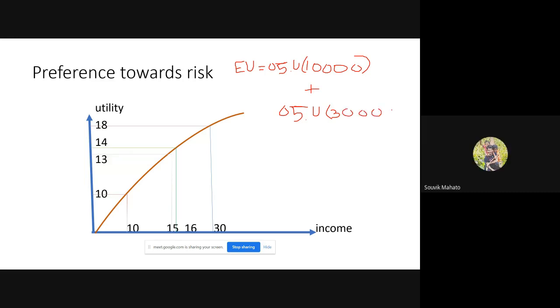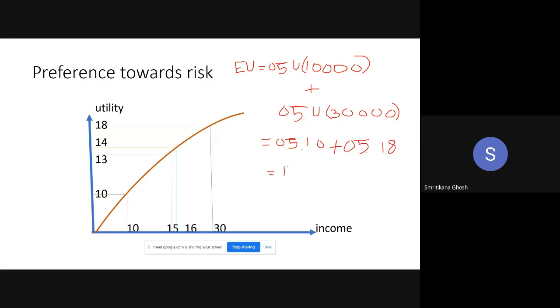It will be 0.5 into the utility of 10,000, which is 10, plus 0.5 into the utility of 30,000, which is 18. If you make it, that is 10 into 0.5 plus 18 into 0.5, it will be 14.